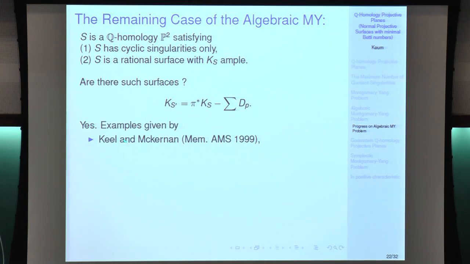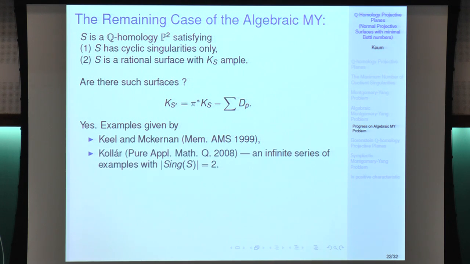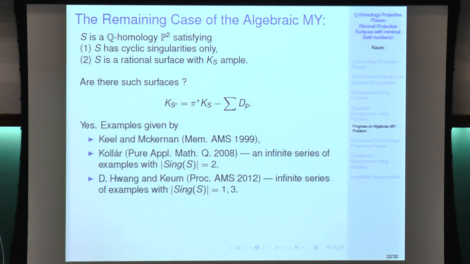And the example is given by Keel and McKernan and Kollár. They have an infinite series of examples with 2 singular points. And then with Huang, we constructed infinite series of examples with 1 singular point or 3 singular points.